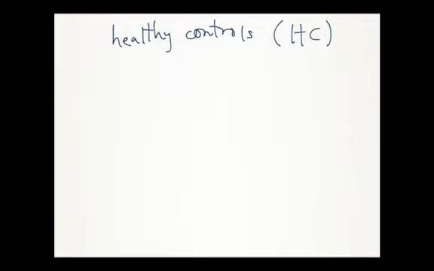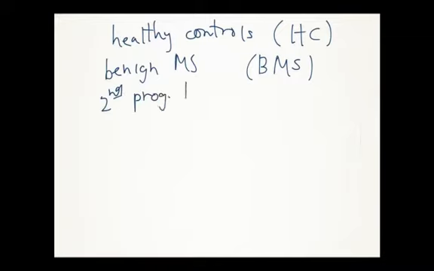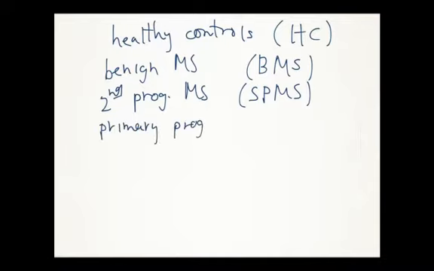So a recent study compared the hypointensity of gray matter structures on MRI in healthy controls, we'll call those HC, in benign MS patients, we'll call those BMS, secondary progressive MS patients, we'll call them SPMS, and primary progressive MS patients.